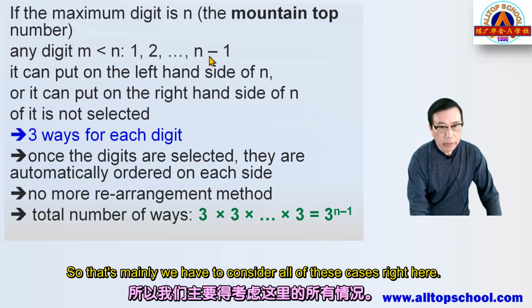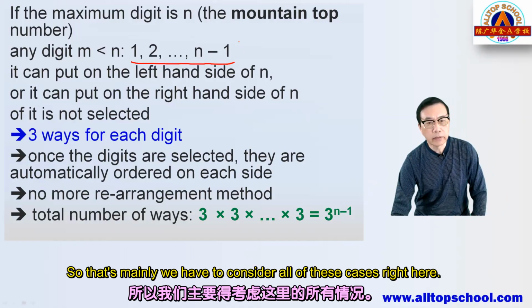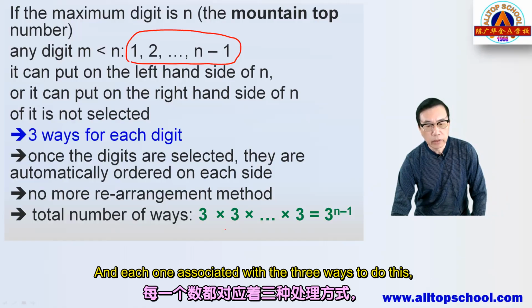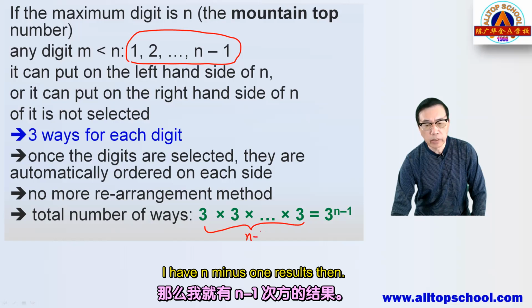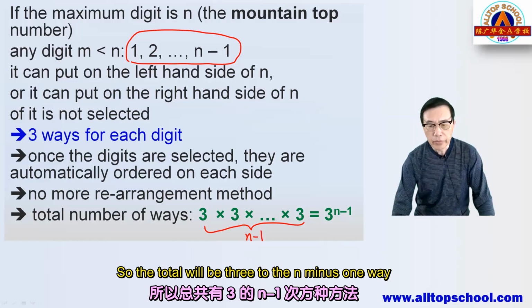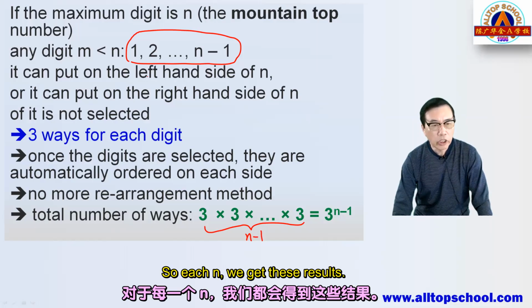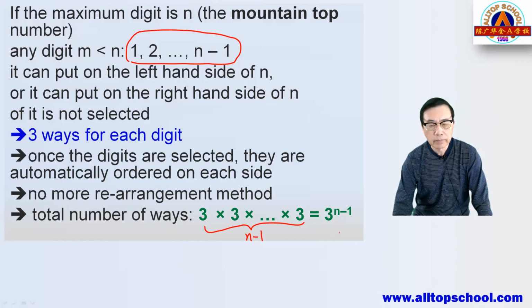So that's mainly we have to consider all of these cases right here, and each one associated with the 3 ways to do this, I have n minus 1 results then. So the total will be 3 to the n minus 1 ways to get the fair integers. So each n we get these results.